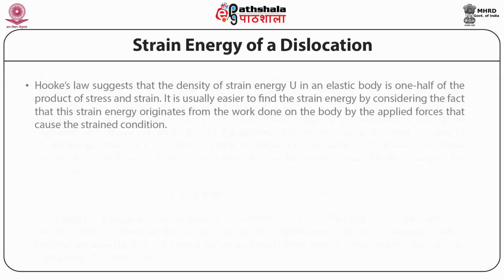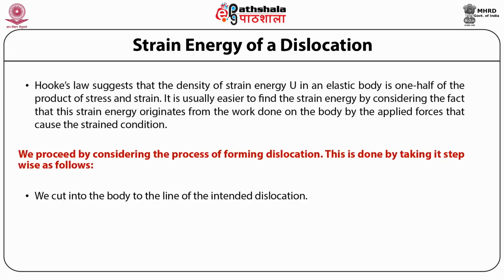We proceed by considering the process of forming a dislocation. This is done by taking it stepwise as follows. Step 1. We cut into the body to the line of the intended dislocation. Step 2.